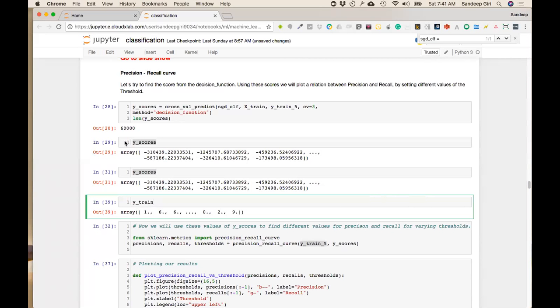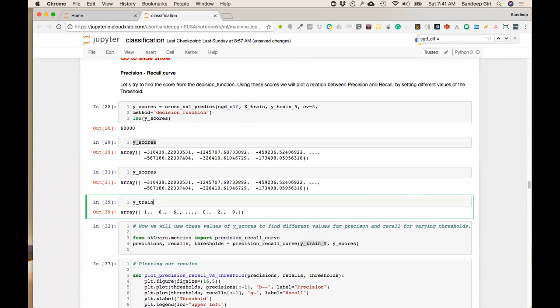Okay, we converted this into a binary classification. Okay, now going up. And the y scores are, for each of the records, each of the images in the test data set, what we did was we compared the score, as in how much it is matching with 5.